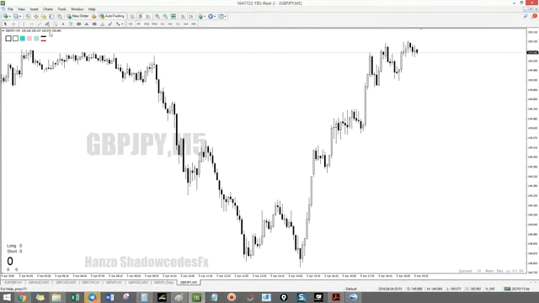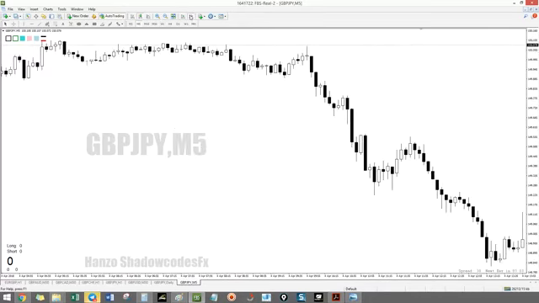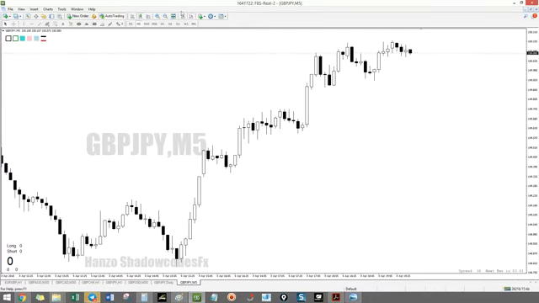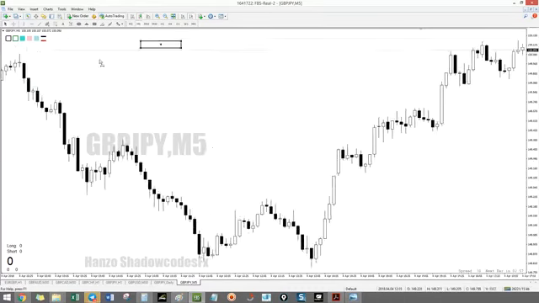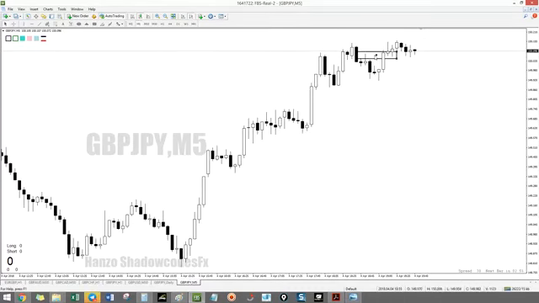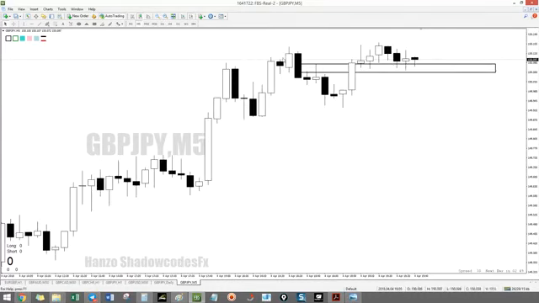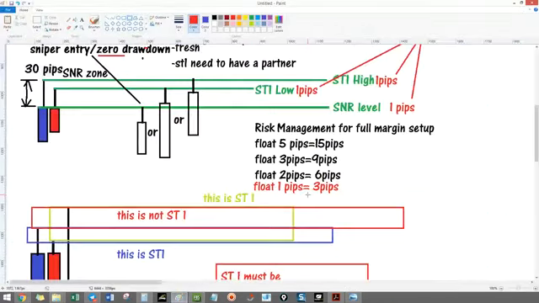Sure. If you want to take that as your ST1, sure. Can take that. But it's already floating. If I was you, I would cut my loss. But if you're using it, that depends on the rule you are using.